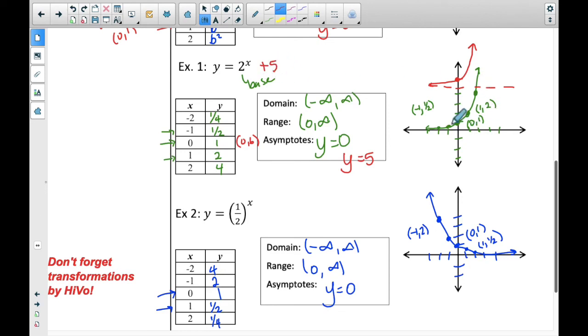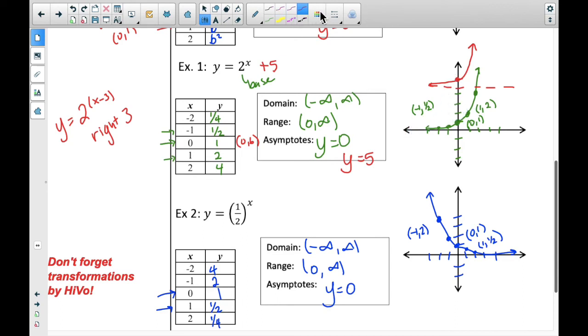Outside means up and down. If it was inside, that would be like this. And what would that 3 be doing in that case? Remember, that would move it right 3 units. And so a similar deal, the asymptote is going to stay where it is, but each of these points is just going to scoot over 3.